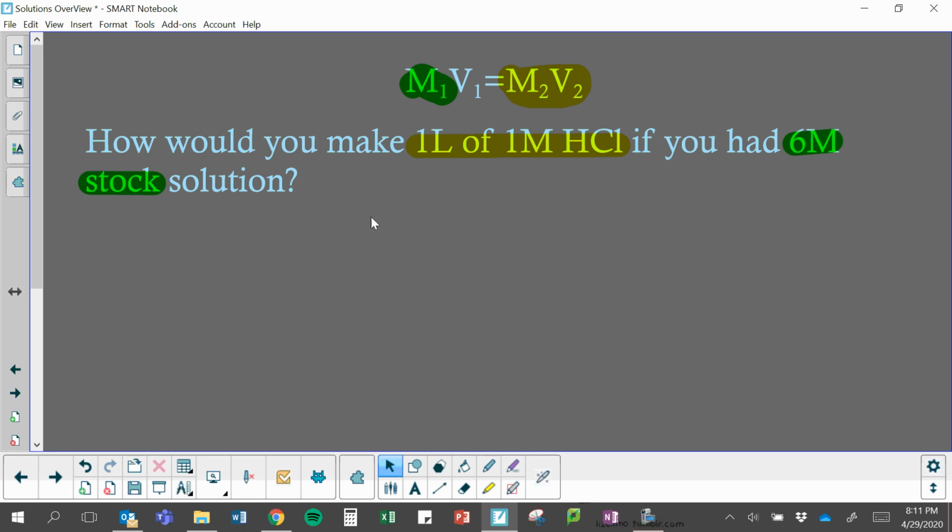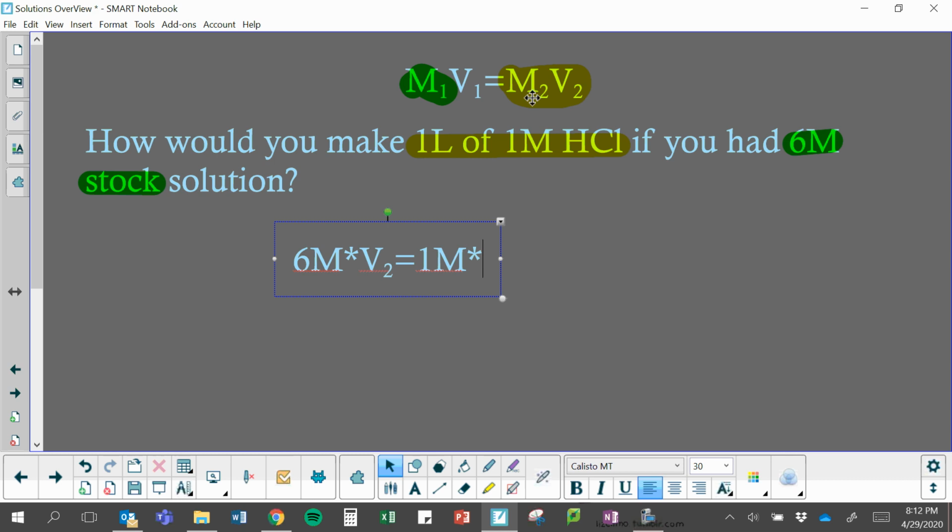Okay, so our M1 is going to be our 6 molar times our V1, which we don't know yet. And then our M2, the molarity that we want, is 1 molar times our volume 2. We want to make a final volume of 1 liter.